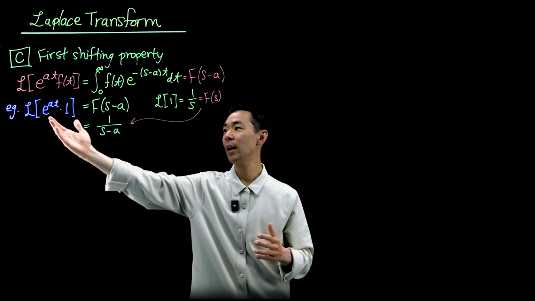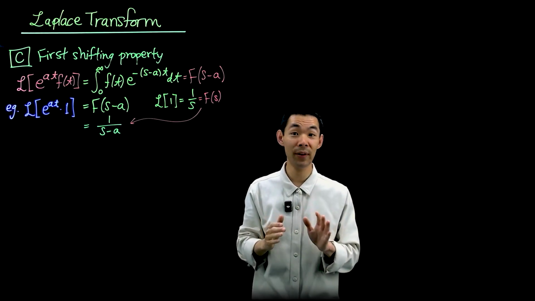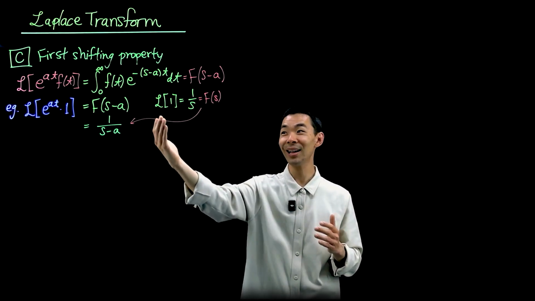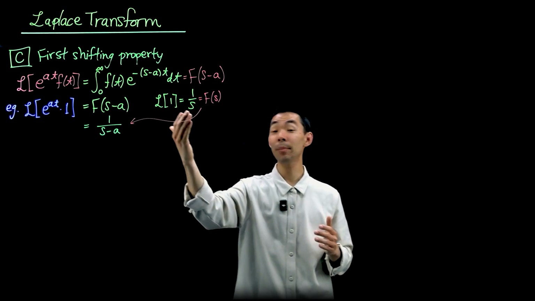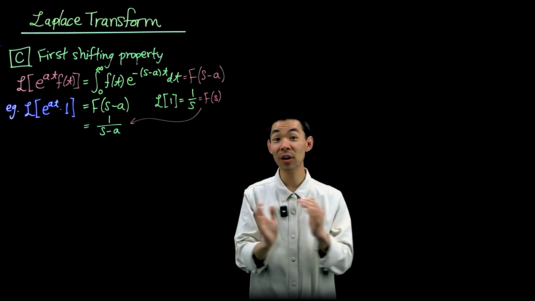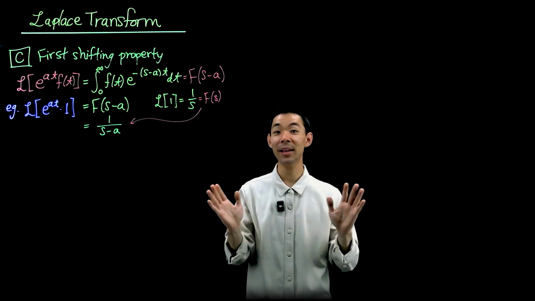You can see that in this derivation or solution, I didn't use the definition anymore. I just took our pre-existing knowledge that the function 1 has a Laplace transform 1 over s, and I just plugged in s minus a. So I shifted the s space by a factor s minus a. That's it.